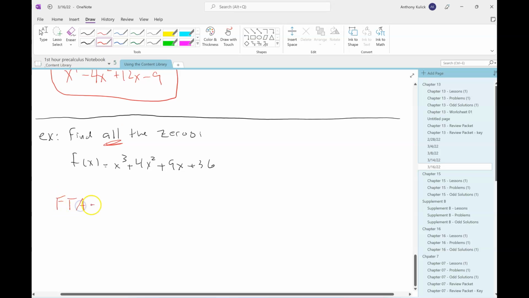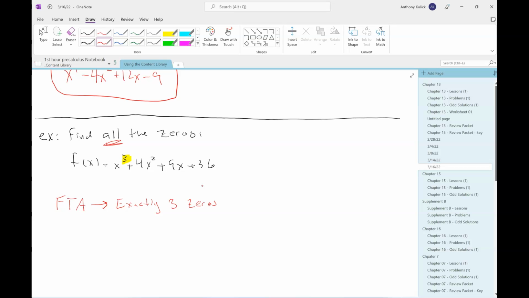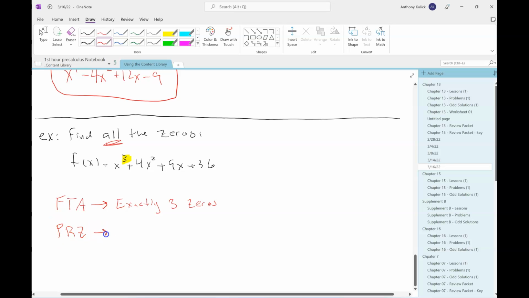All right. According to the fundamental theorem of algebra, I should have exactly 3 zeros. Okay with that? What I'm going to start by is identifying any possible rational zeros. So to do that, I need the things that are of the form P over Q, where P is my factors of 36.